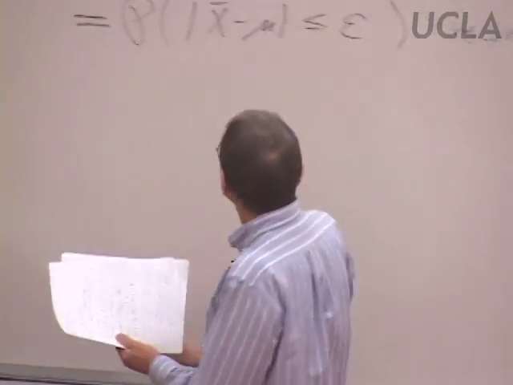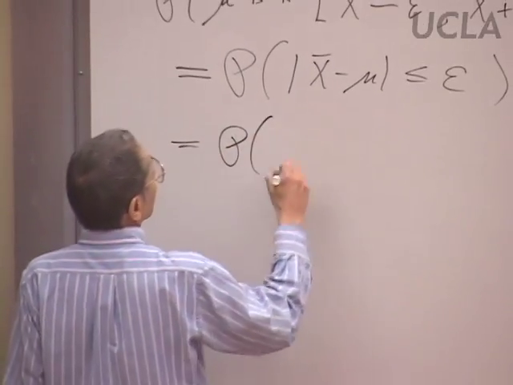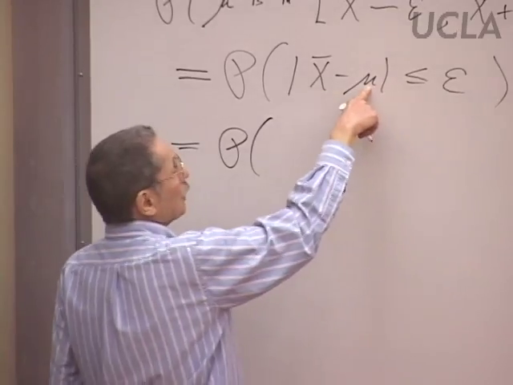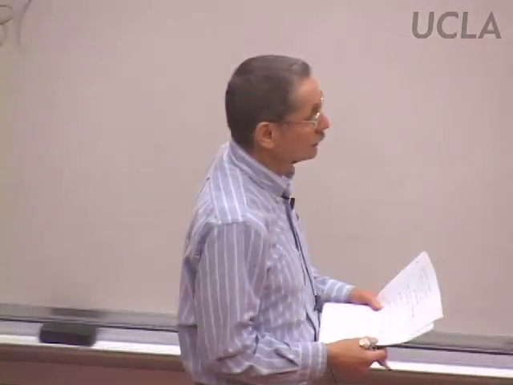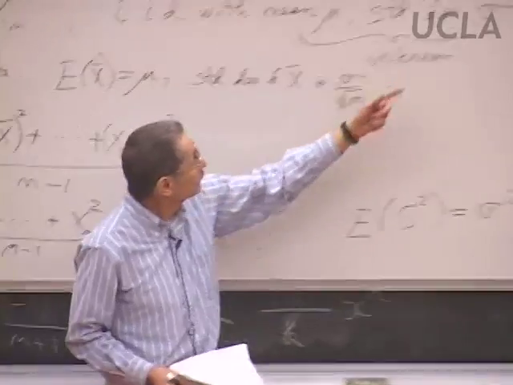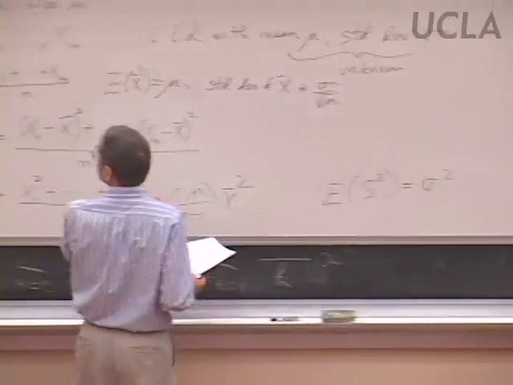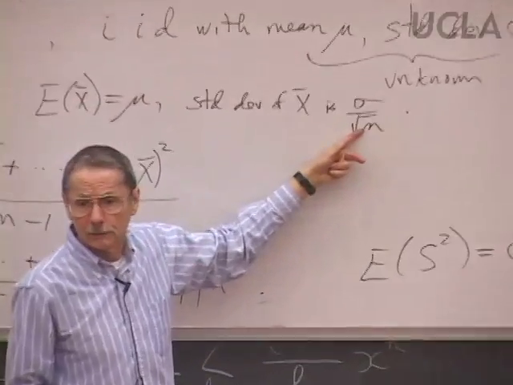So we've already subtracted x bar's expected value, so we don't have to do that. What we have to do is to divide by x bar's standard deviation, which is sigma over the square root of n.